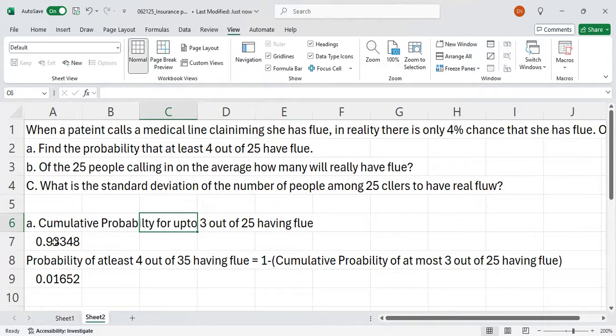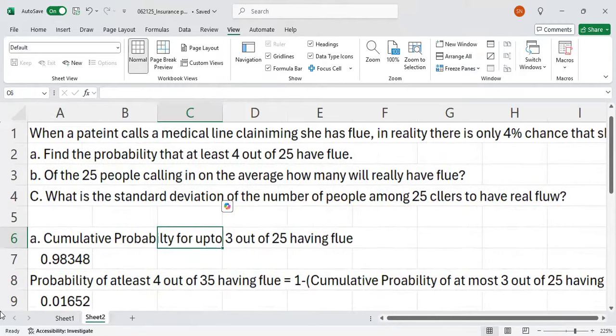So first we will find the cumulative probability for up to 3 out of 25 having the flu.